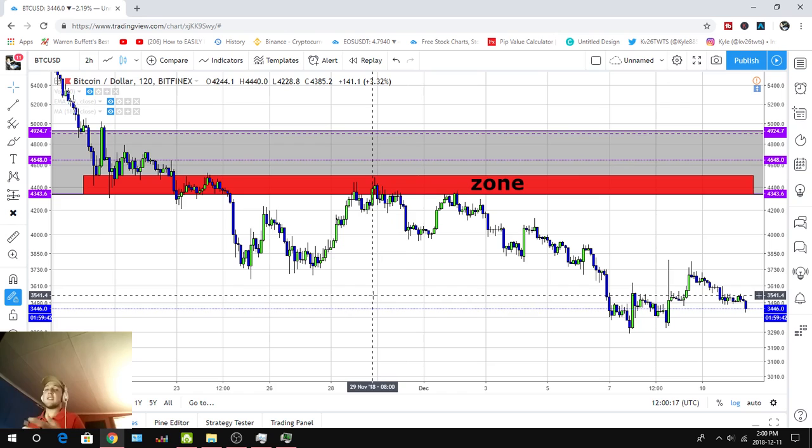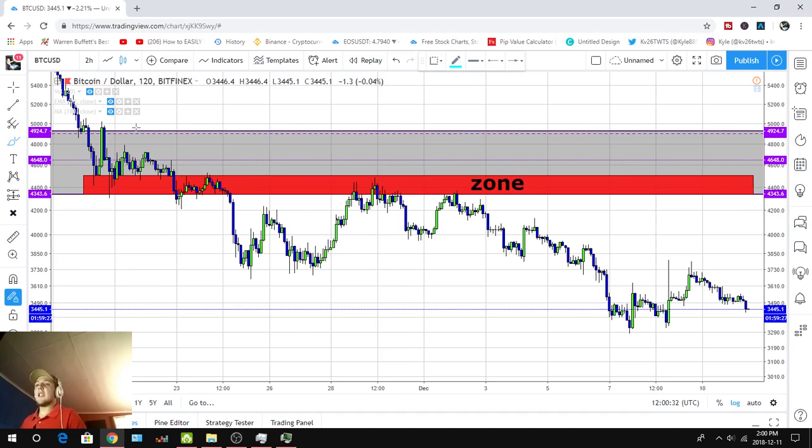My resistance, sorry, I was talking about support, sorry guys. Resistance zone. Everything stayed in my resistance zone. There's no candle that broke out my resistance zone, correct? Then that means if the market goes up, okay, perfect example.